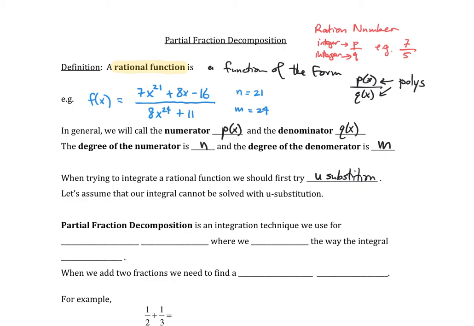Let's assume that we cannot use u substitution. In other words, u substitution does not work. Then what we're going to do is learn a new technique called partial fraction decomposition. It's an integration technique that we use for rational functions. That's why we defined it at the beginning.